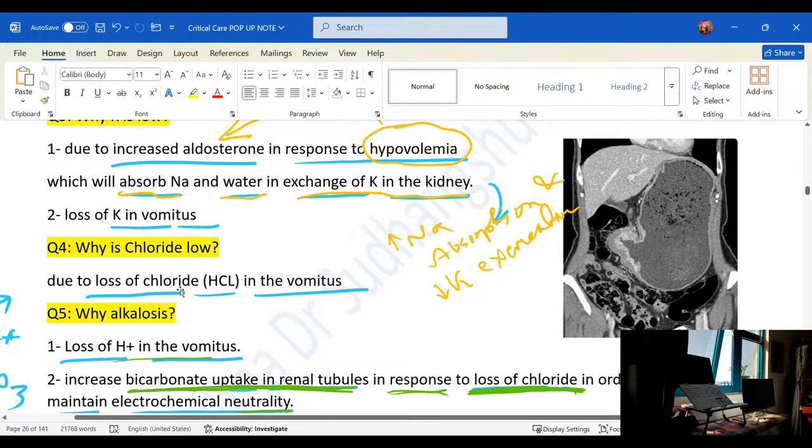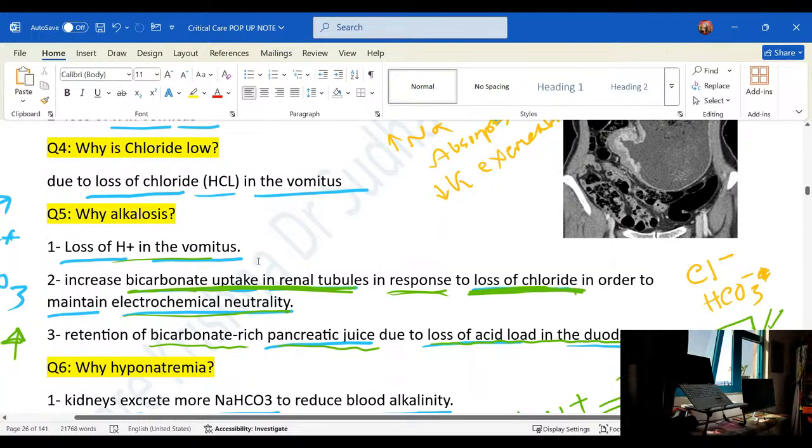Why is chloride low? Due to loss of chloride in the form of HCl in the vomitus. Alkalosis has several causes. One is loss of hydrogen ion in the vomitus.